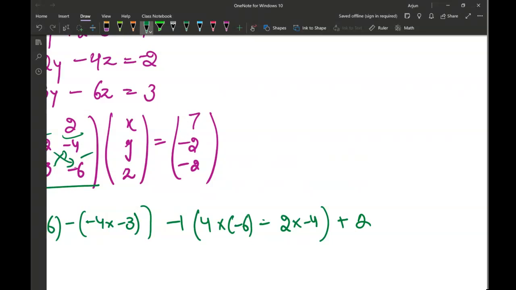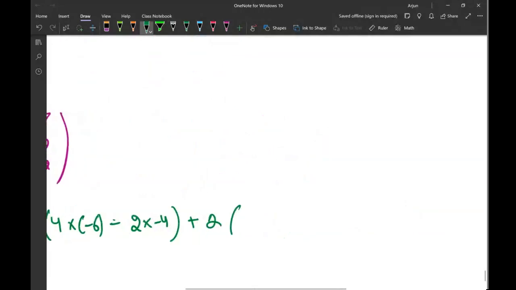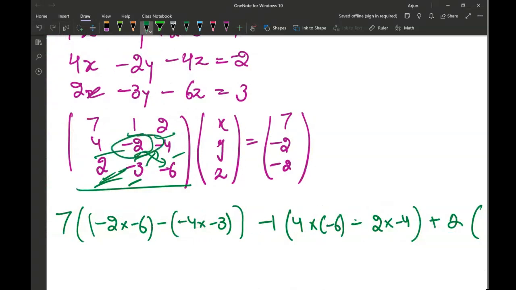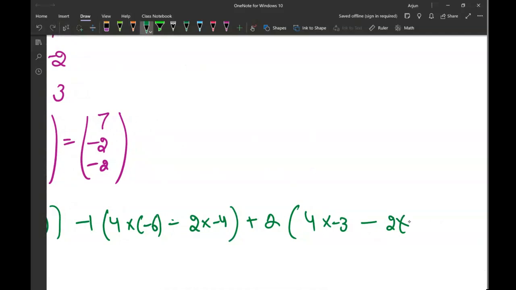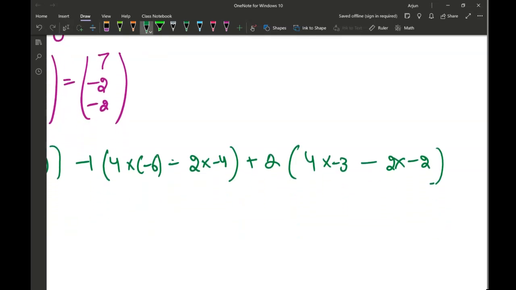And then the third will be plus 2, with the terms I'm going to take being these four: 4 times minus 3, and then minus 2 times minus 2, so 2 times minus 2. Now I'm going to start simplifying.